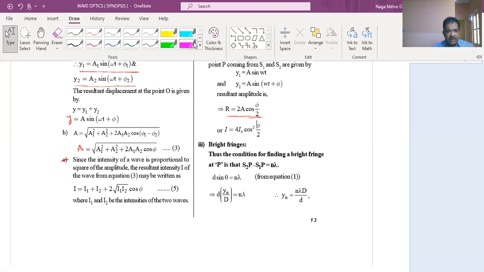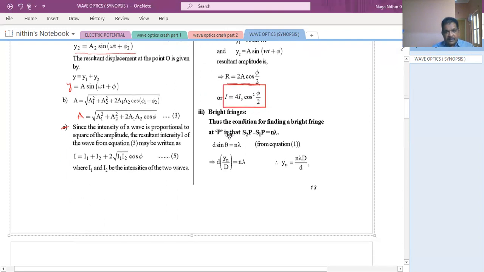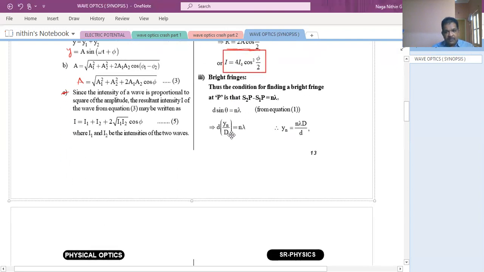In the same manner, the resultant wave intensity will be I equal to 4 I naught cos squared(phi by 2). This is an important formula. Next, when will bright fringes be formed, when will dark fringes be formed, what is the condition for path difference, what is the condition for phase difference; questions like that will be there.